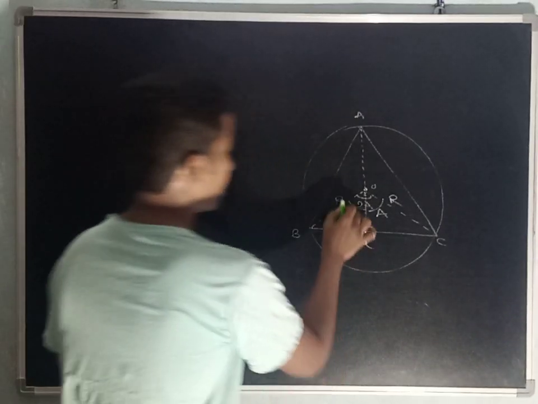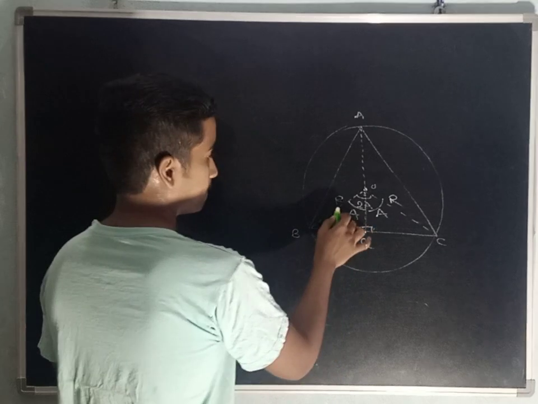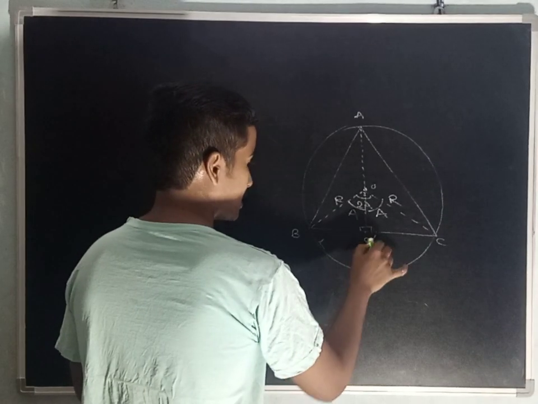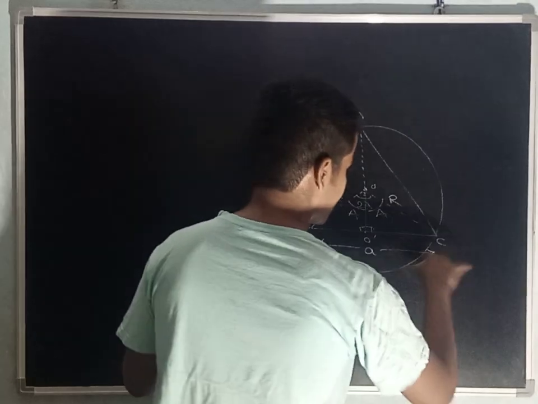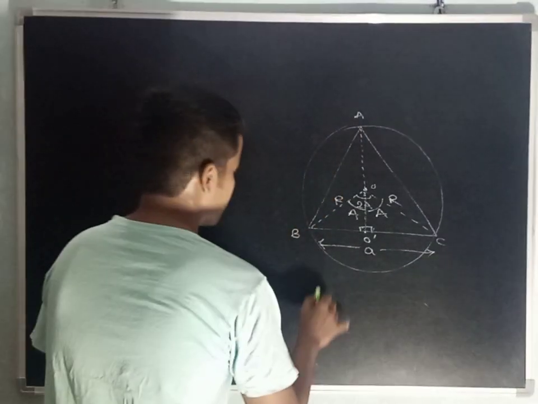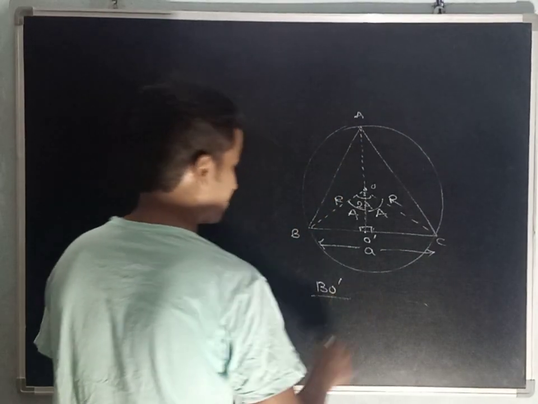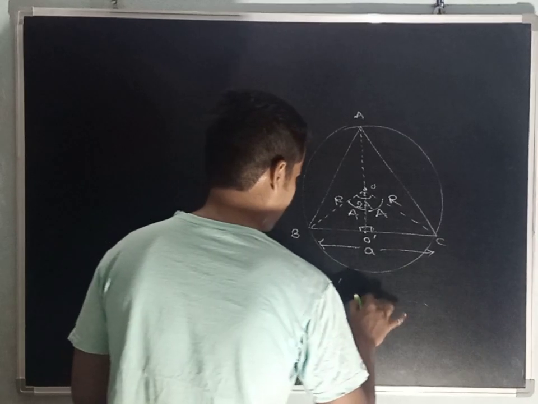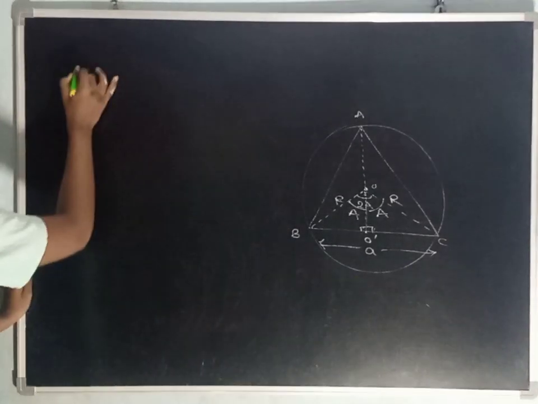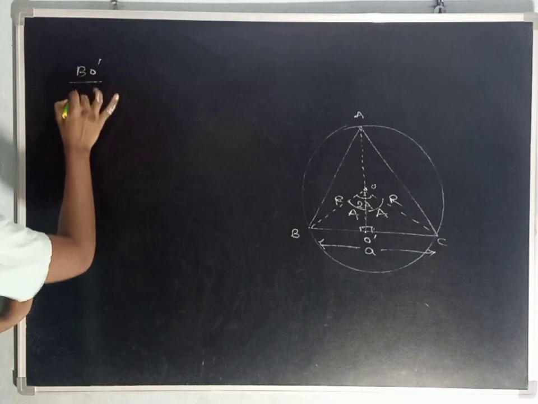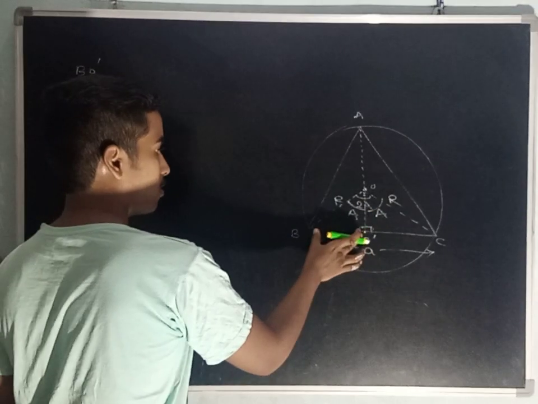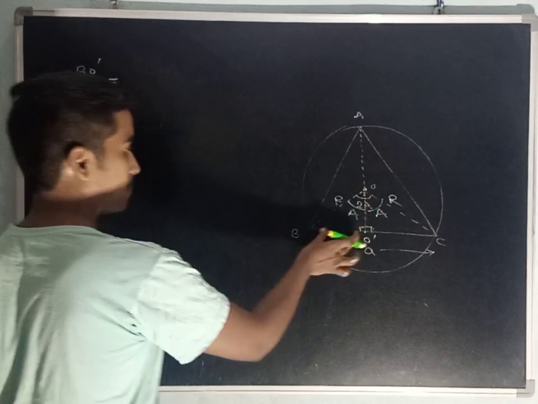Here let me put it as O dash. Its length is small a by 2. Now, BO dash by BO. As per this angle, BO dash is the perpendicular and BO is the hypotenuse.